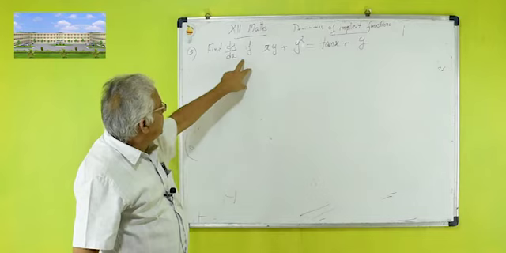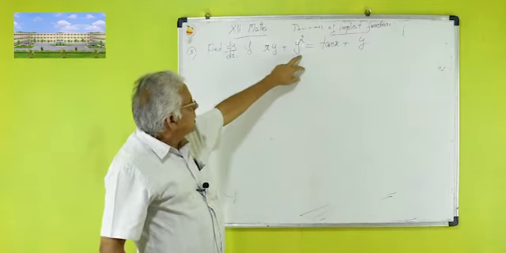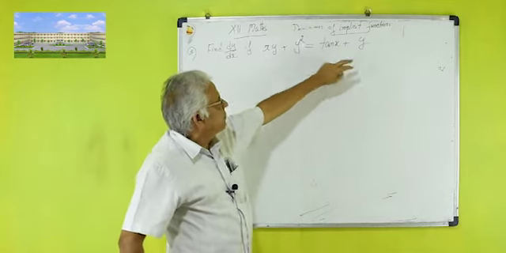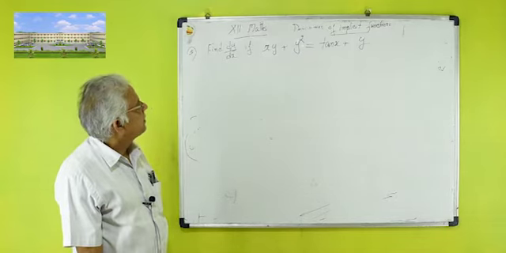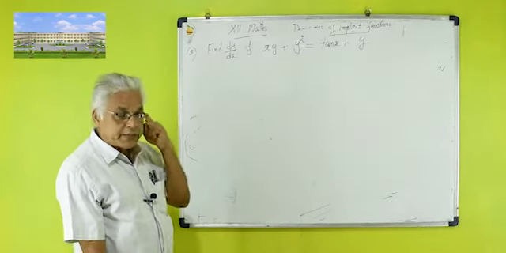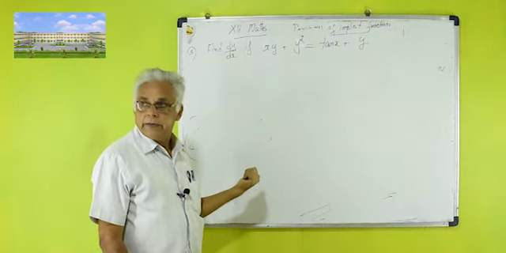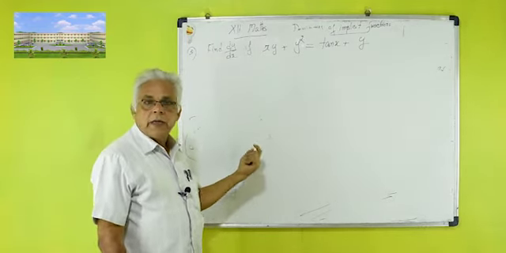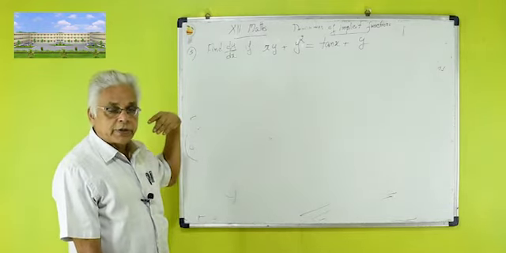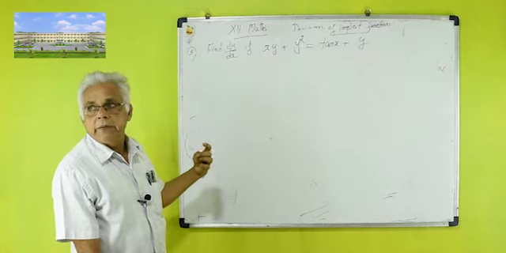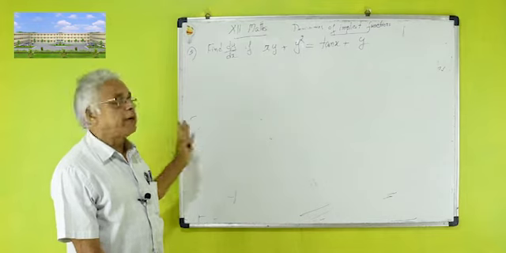This is an implicit function. The method is to differentiate both sides with respect to x, apply the sum or difference rule and chain rule, take the dy by dx terms on the left side and the other terms on the right side. Final step: dy by dx is equal to the right hand side divided by the coefficient of dy by dx.